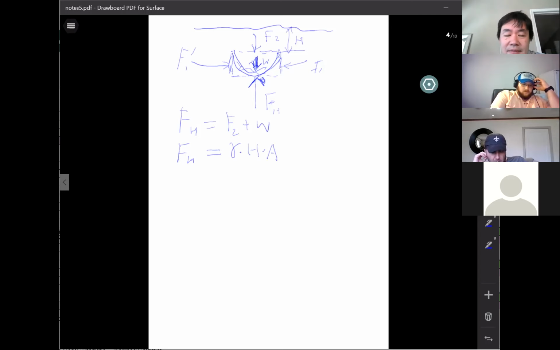Let me draw this cross-section surface. I'm talking about the A, right? It's a bowl, so it's a circle. Whatever shape, it doesn't have to be a circle. It's just a surface. So A times H, what does that mean?